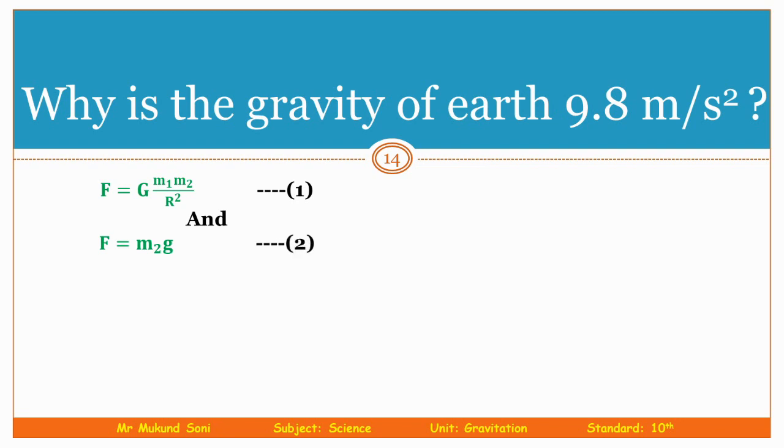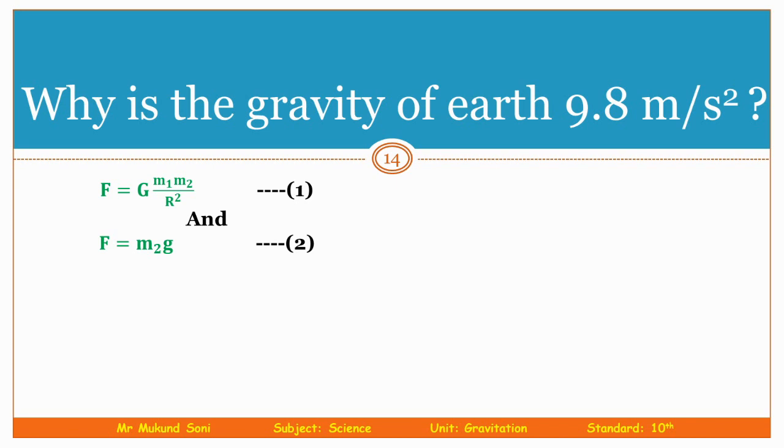But here we are considering the acceleration as g, that is acceleration due to gravity, and g is unknown to us. Here m2 represents the mass of any object on the surface of the planet, and m1 is the mass of the planet, where r is the radius of the planet. G is the universal gravitational constant.